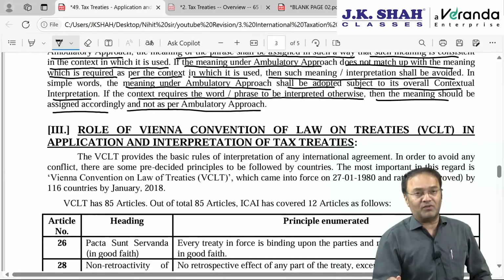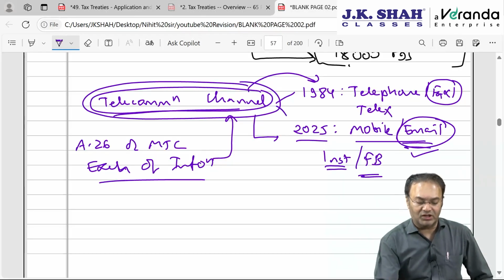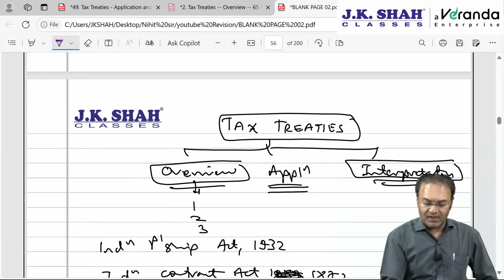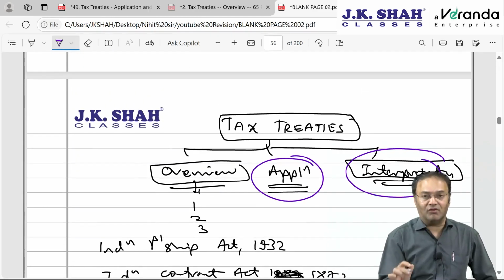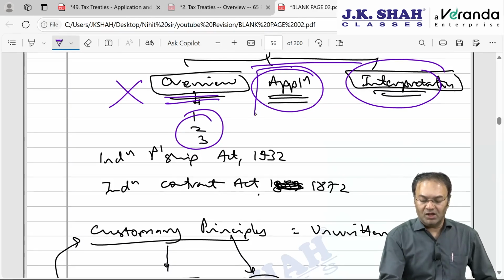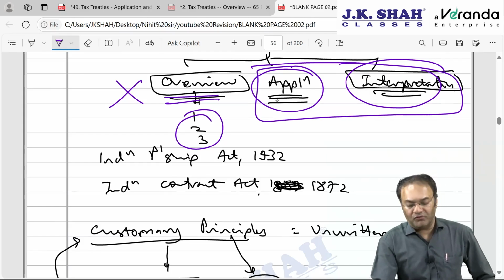Now the ultimate part of the chapter, interpretation and application, that's what we are discussing. We discussed that the chapter is divided into three parts: overview, application and interpretation. Our institute has kept overview separately, which is unimportant. Points 1 to 3 we are done with, and application and interpretation are combined together, whereby only for namesake the word application is used in the title.